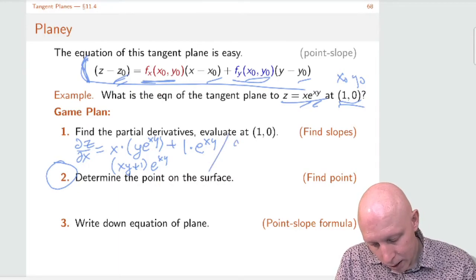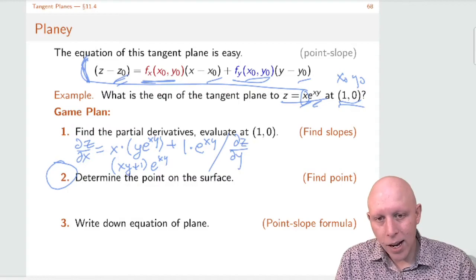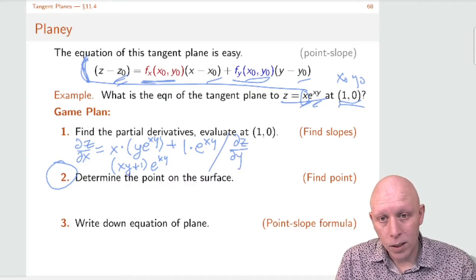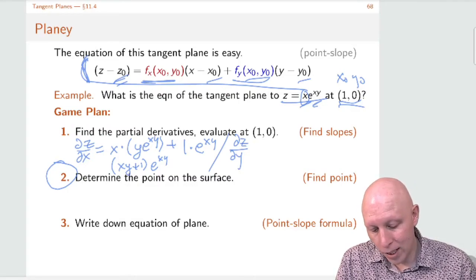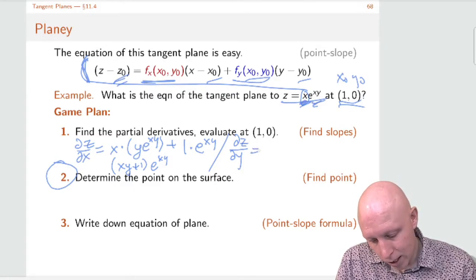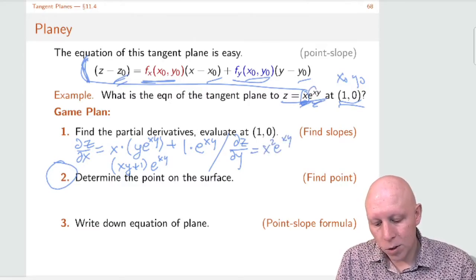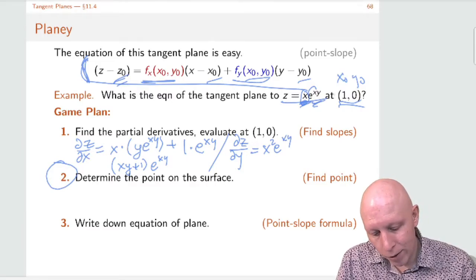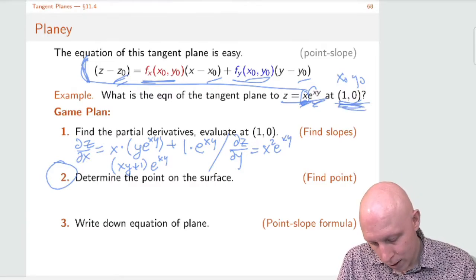And then the partial derivative of z with respect to y. Now in that case, x is just a constant. So we're basically taking the derivative of a constant times e to the xy. So we bring down the constant, and we get x squared e to the xy. So those are our two partial derivatives, and now we have to plug in our point (1, 0).